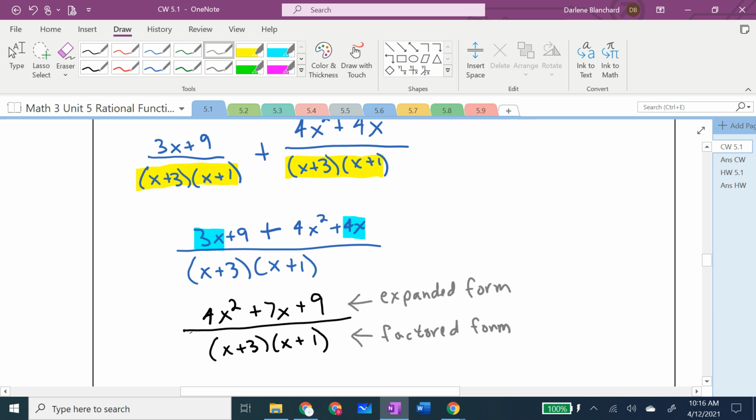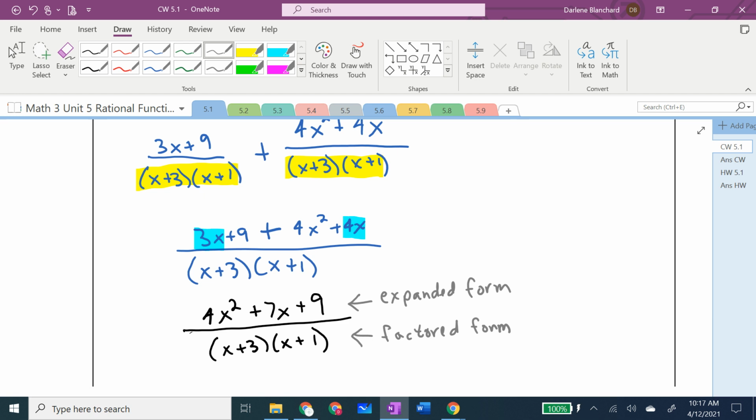So if you're in expanded form, then your like terms have been added together. If you're in factored form, then you have factored as much as possible. But I'm not going to expect you to factor this numerator. You can leave it in its expanded form.